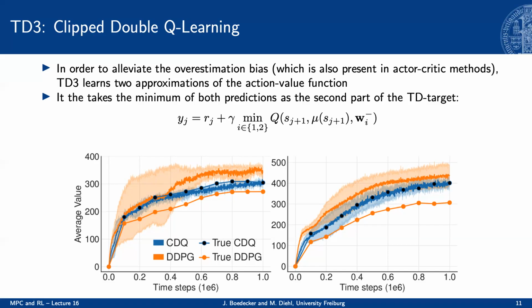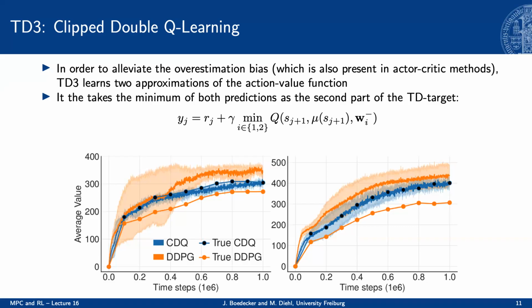And here, the way this is implemented is that it takes the minimum of both predictions as the second part of the TD target.